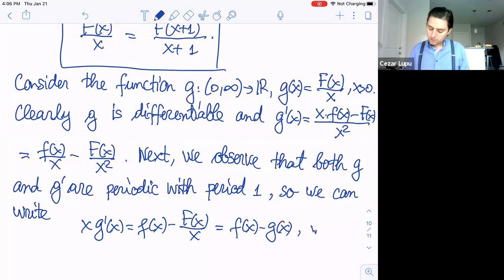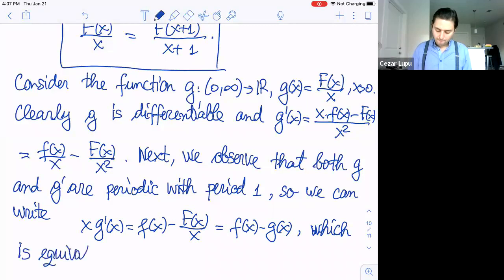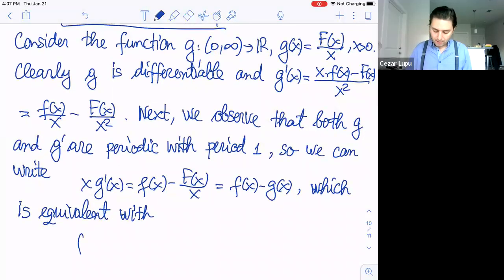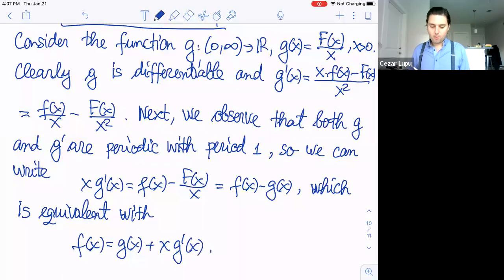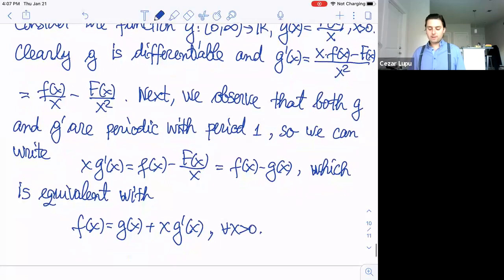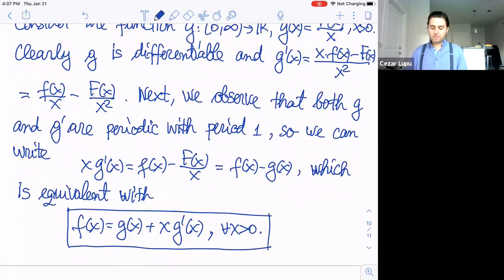Which is equivalent with the fact that f of x is nothing other than just g of x plus x times g prime of x. All right, so we have this. And this happens for all x positive.